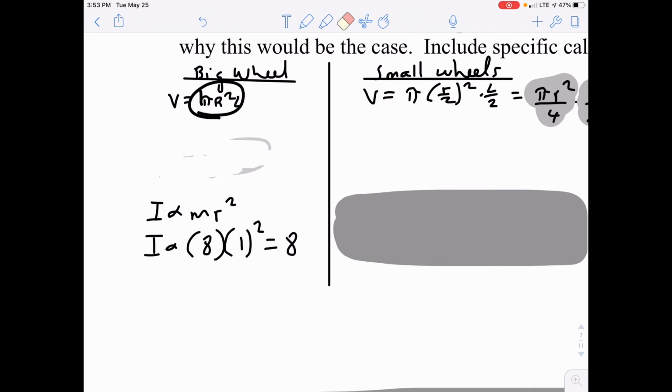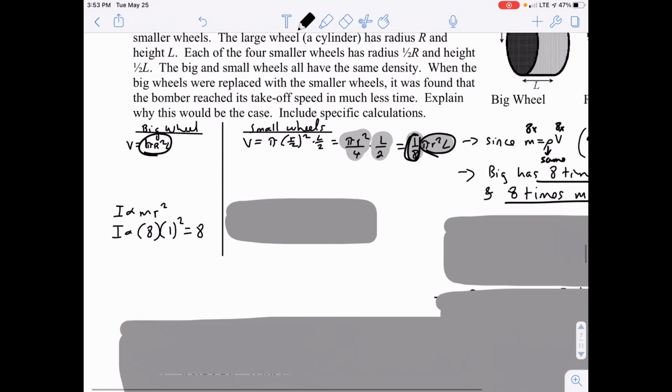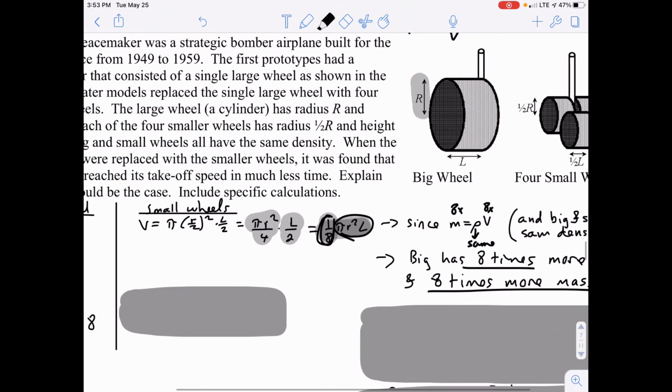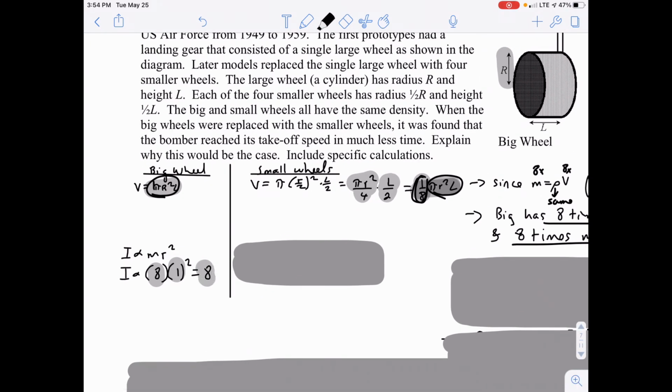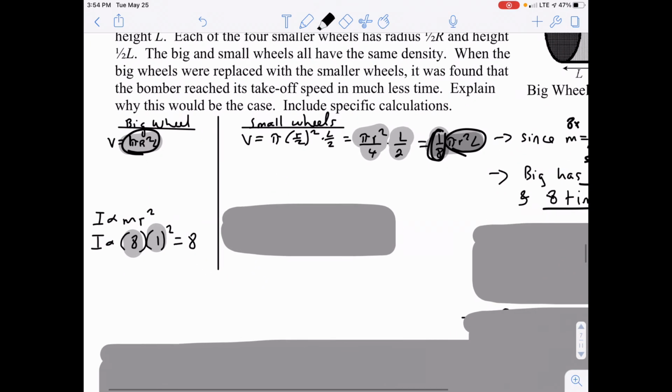We're going to cut out the 1/2 or any fraction for that matter and just say I is proportional to mr squared. Well, the mass is 8 because the big wheel is 8 times bigger than the small one. It has a radius unit of r, and so 1 squared is 1 times 8 is 8. So 8 rotational inertia units.